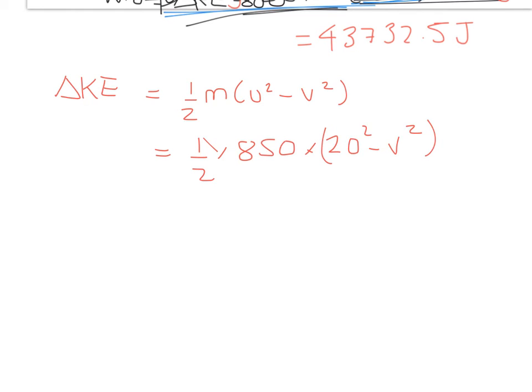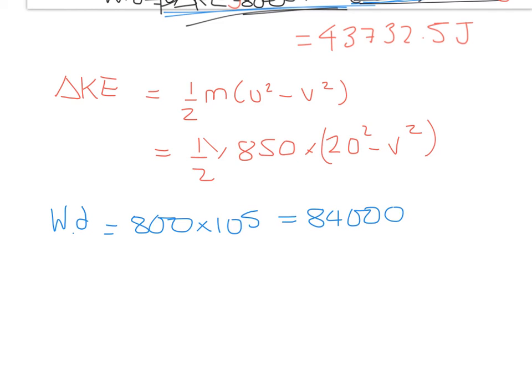And remember, we don't know what our final velocity is, so I'll leave it there as v squared. And we also know the work done against resistive forces is going to be the force times the distance, which is going to be this many.